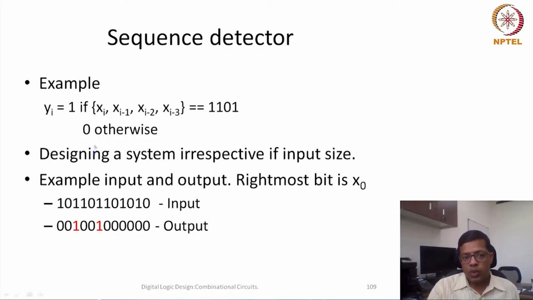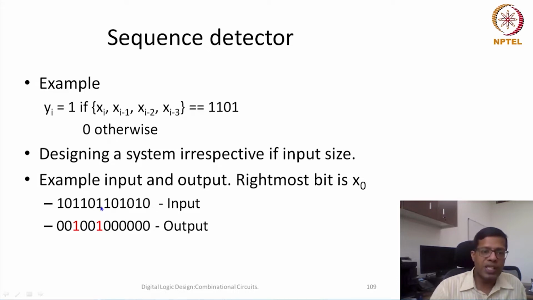Now these are the 12 bits of input, and I want to see the output. This particular bit is the LSB, so this is x0, this is x1, this is x2, x3. For x3 to x0, it doesn't match, so my output would be 0 for all of these cases. Similarly, output would be 0 for y4, because the pattern doesn't match. y5 is also 1 0 1 0, it doesn't match, so it would be 0.